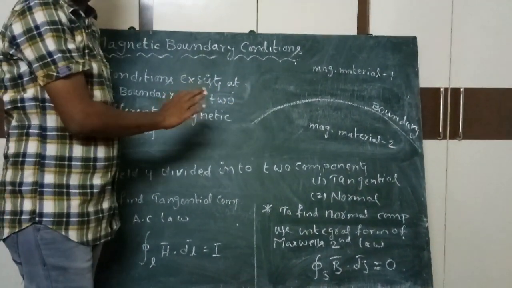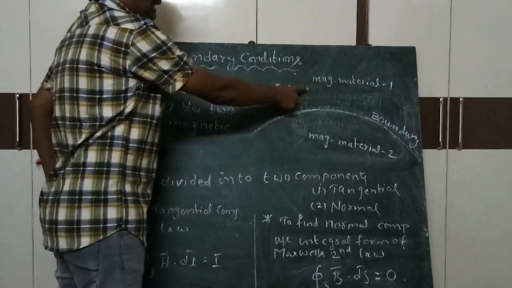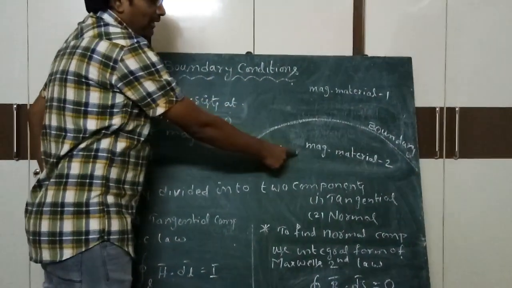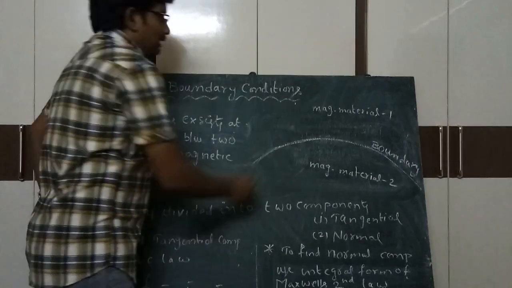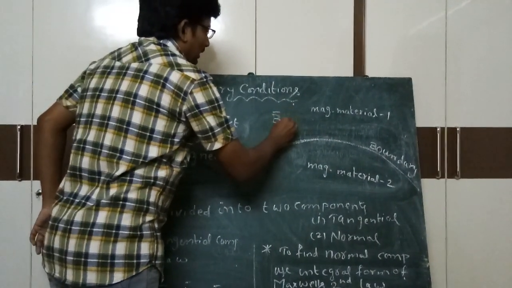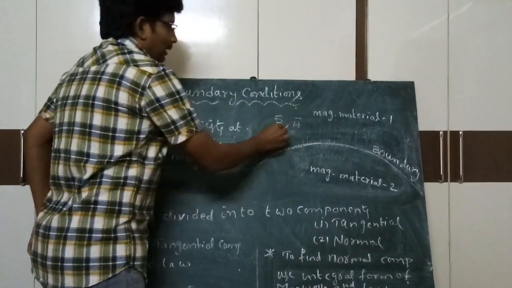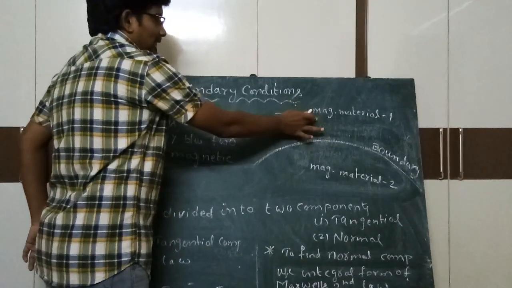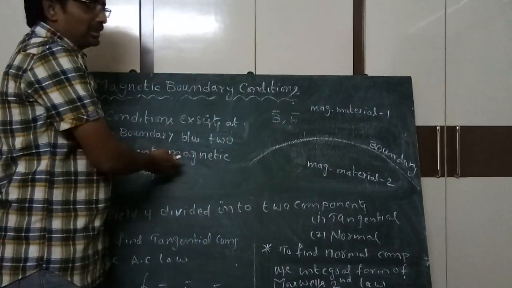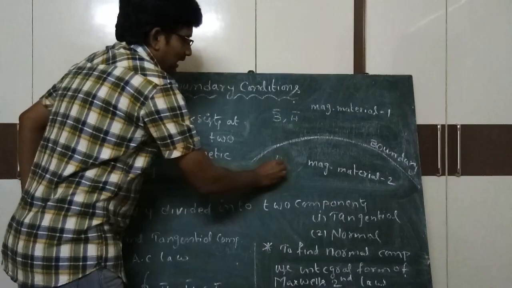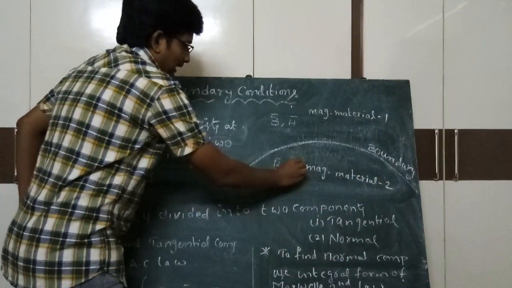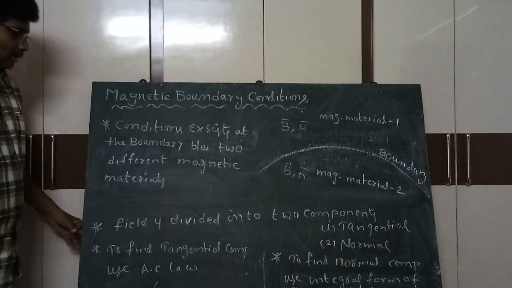That means if you know the field in one magnetic material, then we can determine the field in another magnetic material. Here field means either B bar or H bar. If you know B bar and H bar in one magnetic material, then by using these boundary conditions we can determine B bar and H bar in another magnetic material. That is the use of magnetic boundary conditions.